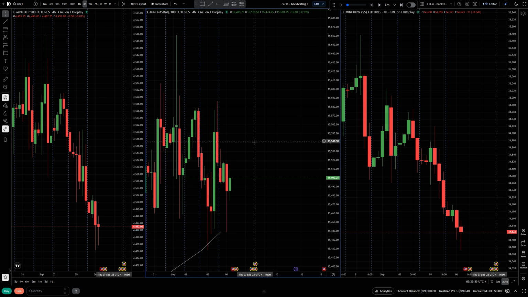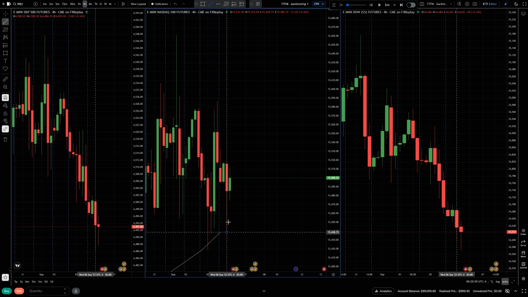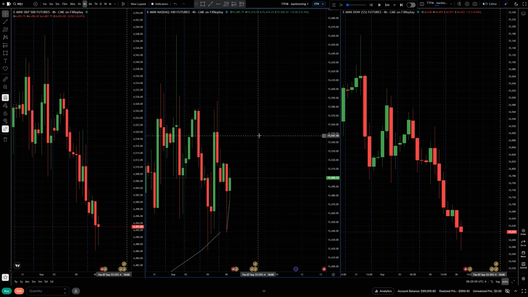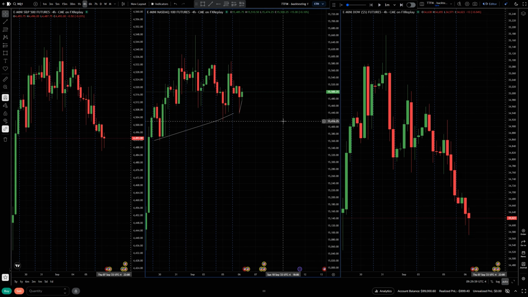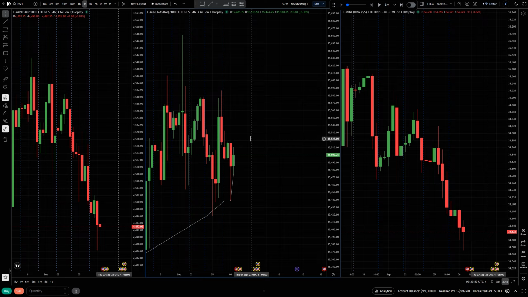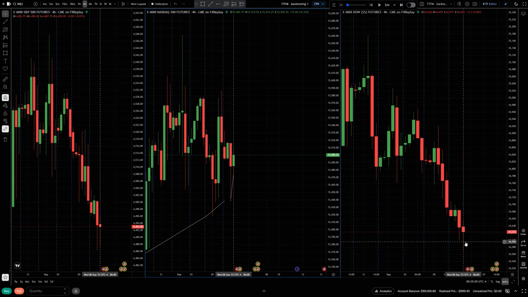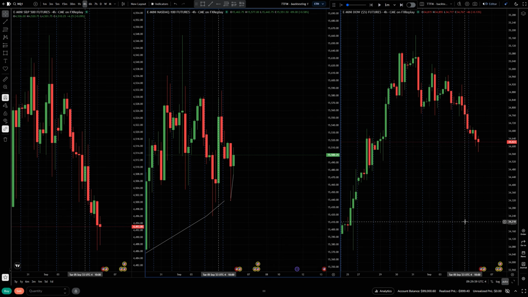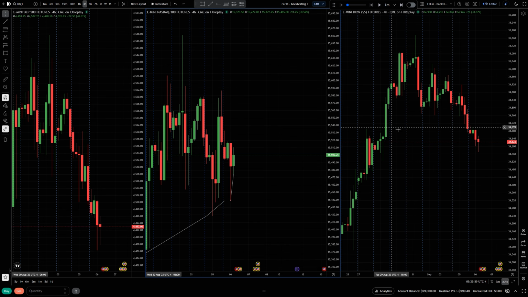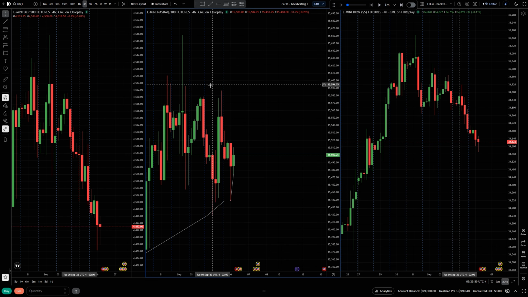No. We have SMT between these lows here. So I'm still going to be looking for higher prices on NQ, and we'll try to see if YM would want to catch up to NQ, to the highs.